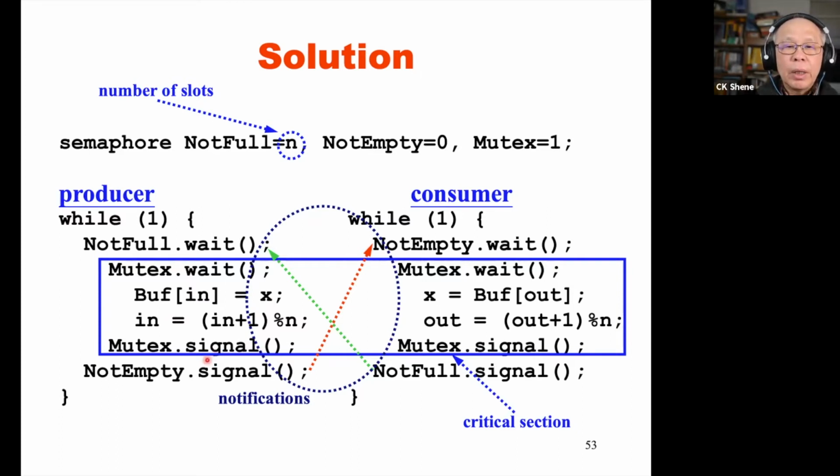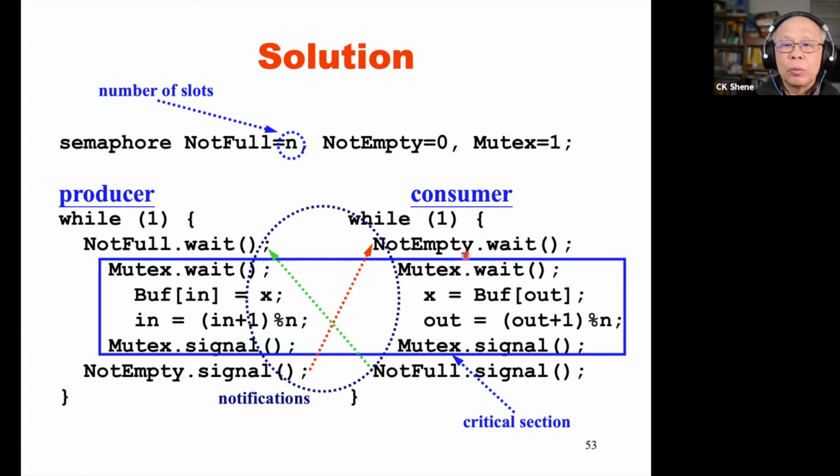And finally, the producer reaches the last statement, the signal call. The producer signals not empty because the producer just added information to the buffer. As a result, the buffer is no more empty. And therefore, the producer simply signals not empty, so that one of the consumers waiting here could proceed.